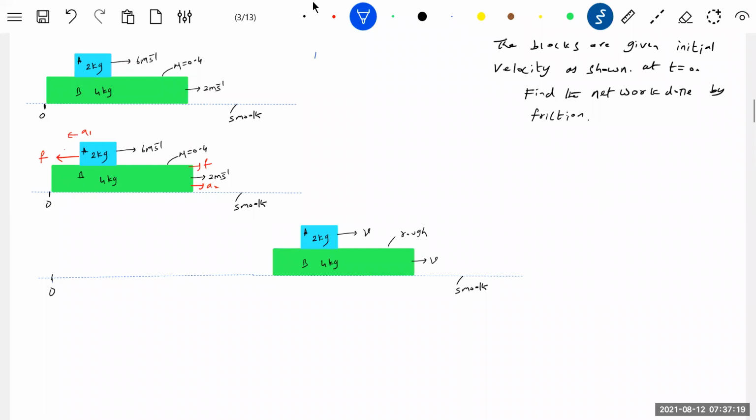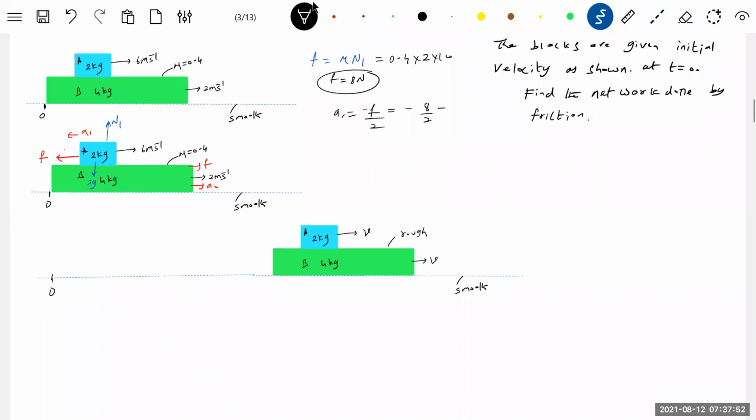The frictional force acting will be F equal to mu into N, which is 8 Newton. With that we'll calculate the retardation: F by 2, so a1 equal to minus F by 2.